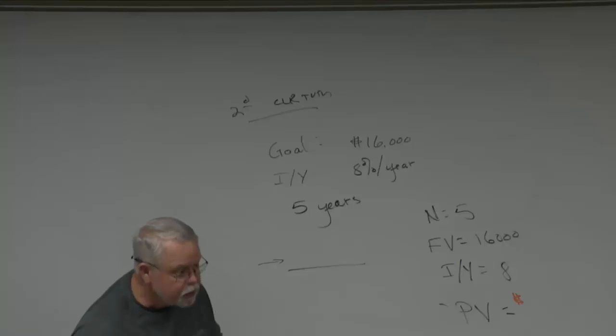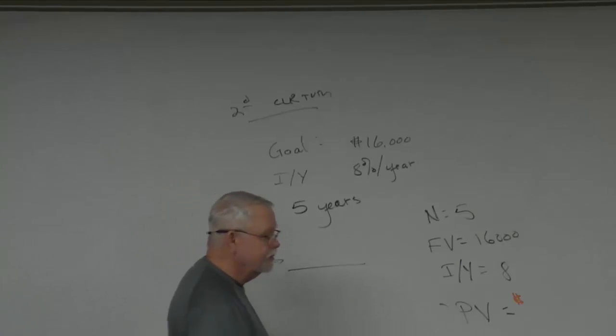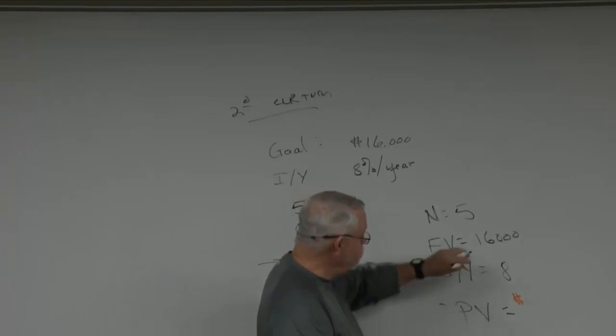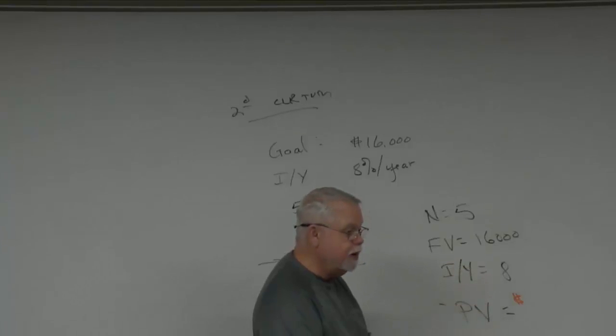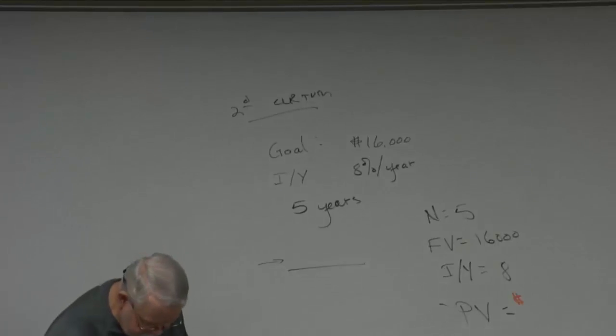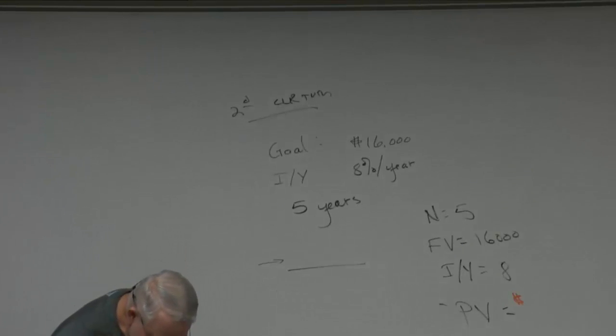I have a question. Sure. Which number has to be negative? I'm going to see what you give me for an answer first. I guess the 16,000. Well, I don't know. If you put it in as a positive, what did you get for an answer? Something crazy, so I'm going to do that again. Oh no, we're not that crazy here. Okay, I'm going to do that one more time.